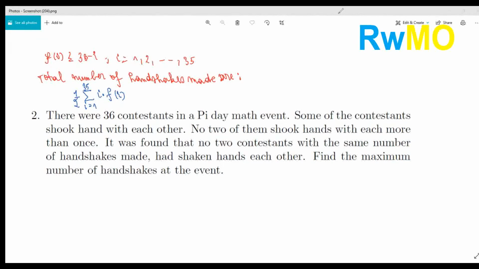So as I said, contestant 1 will shake hands with 35 contestants.